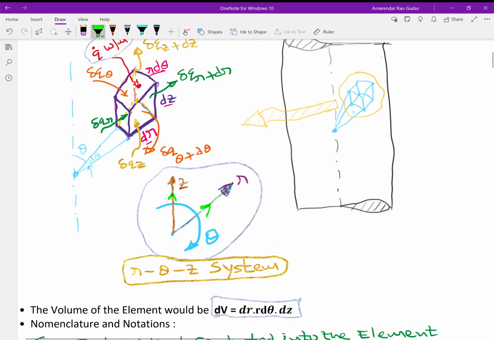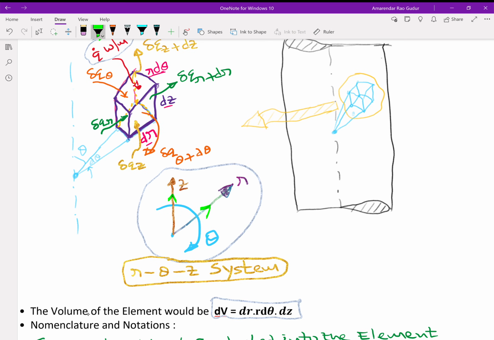Then we'll introduce the energy terms. Del qr is the rate of heat conducted into the element along r direction, and del qr plus dr is the energy that is leaving the element along r direction. So this green colored indicates the r energies.